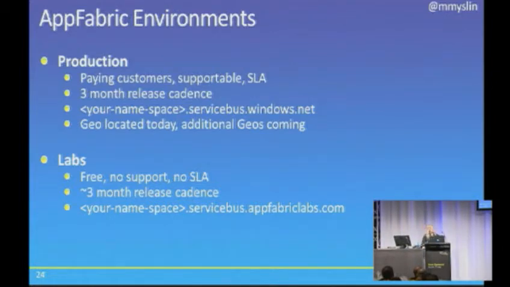We put out new features about every 3 months in both of those environments. They usually go first to the labs environment, which doesn't have an SLA. And then once we get your feedback, or we keep working on the performance, and once we decide that that feature is up to par for production, we move it over. If we hear from you, you don't like it, you're not interested, then they might just never make it there. That's how you should think about it.